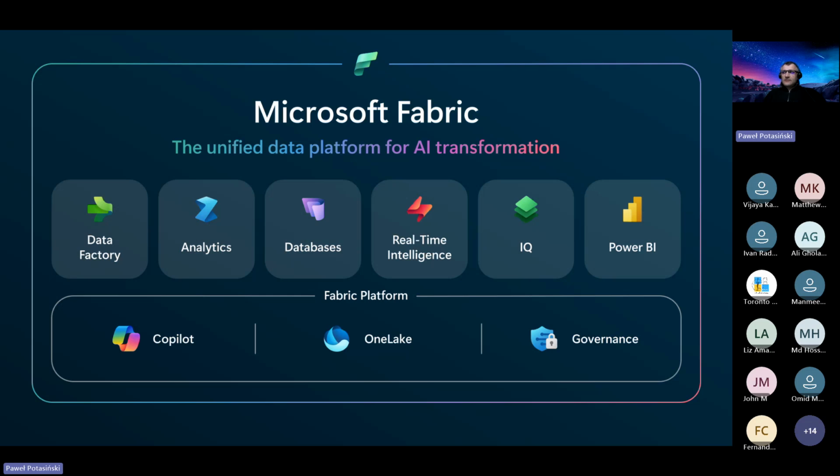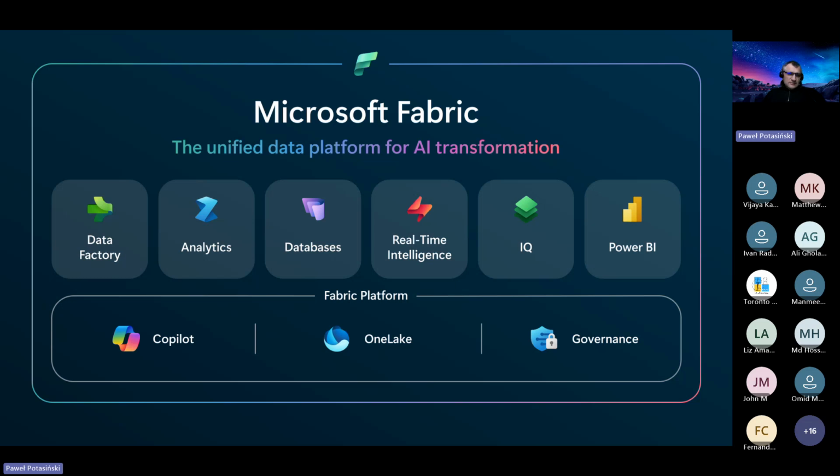Fabric combines into one software as a service product unified workloads, starting from workloads that designed for analytics like data ingestion and integration, data factory, analytics, combination of warehousing, lakehousing, and data science, databases where they started with SQL databases, but it quickly moves beyond just relational databases.